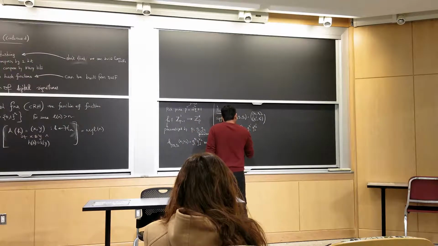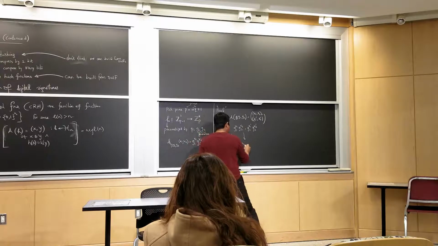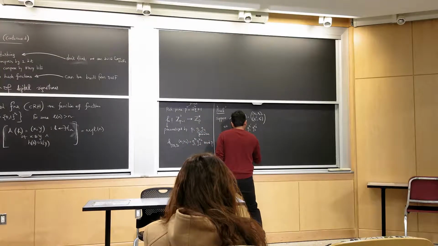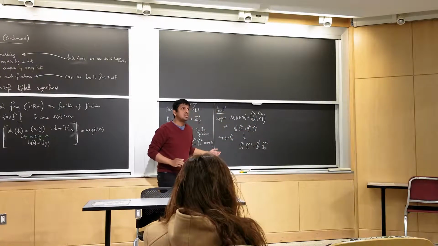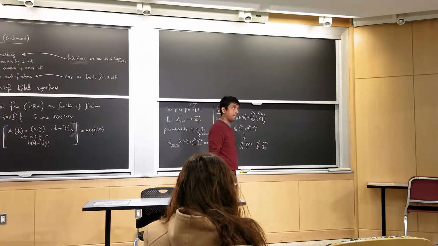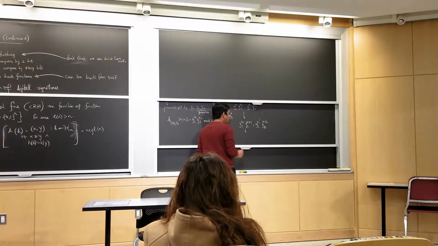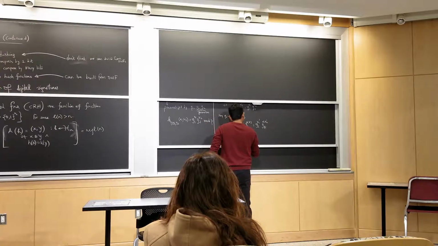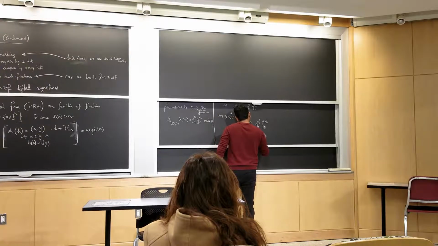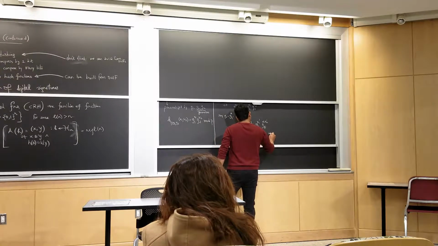So what does this mean? Well, you get g1 to the x1, g2 is g1 to the alpha, so g1 to the alpha x2 equals g1 to the x1 prime, g1 to the alpha x2 prime. I wrote everything in terms of g1. And since g1 is a generator, this means that the exponents x1 plus alpha x2 equals x1 prime plus alpha x2 prime mod what?